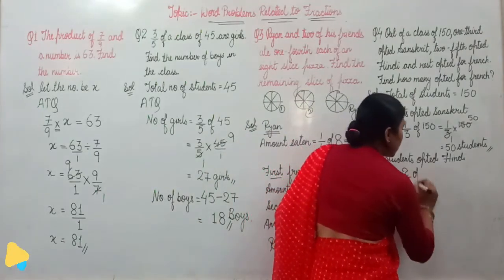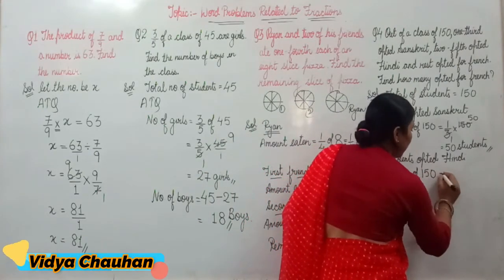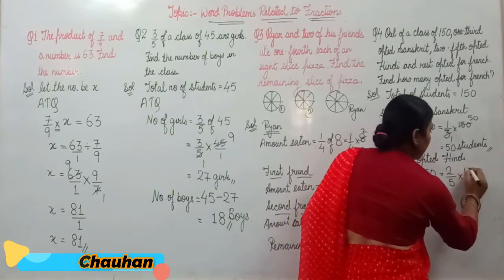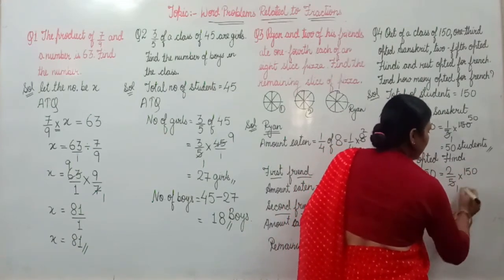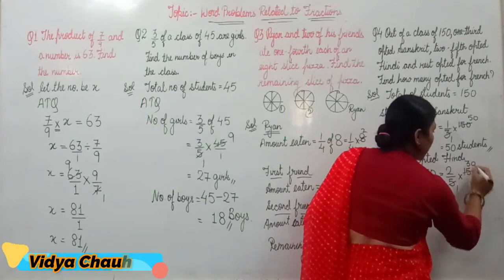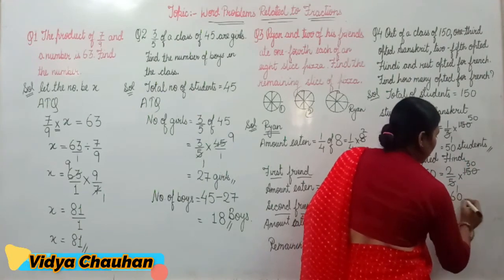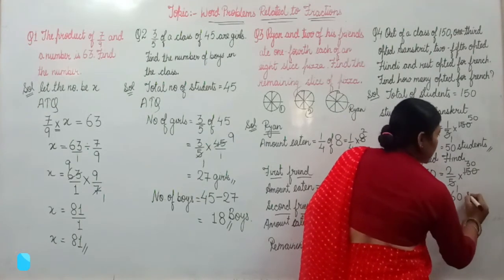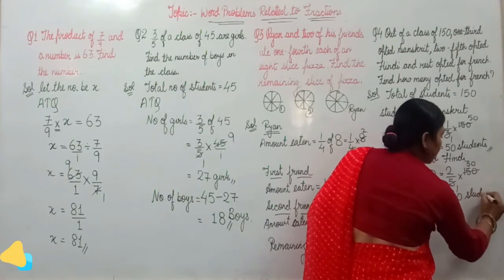Of the total strength, which is 150. So now it is 2/5 multiplied by 150. 5 one time, 5 3 times. So what is the total number of children who have taken Hindi as their subject? 2 into 30, 60 students.